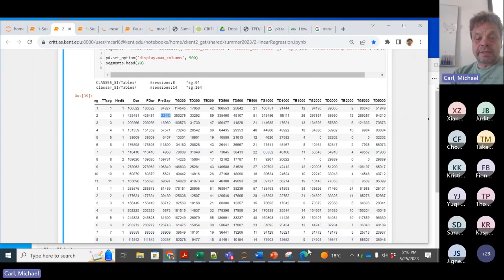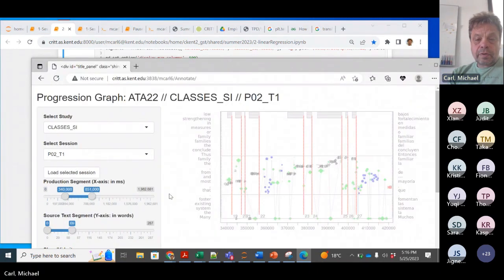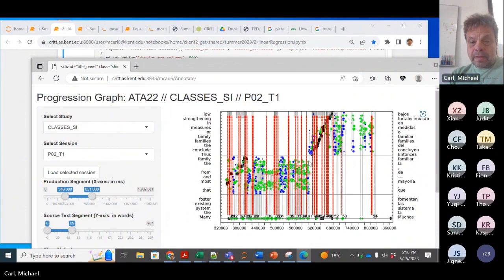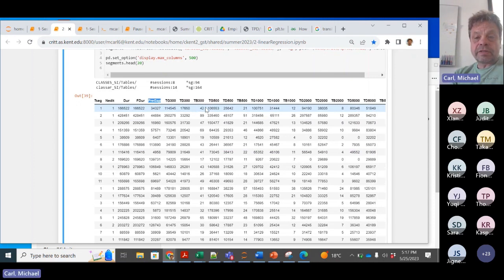Okay, so if that person goes from segment 2, we're in segment 2 here, to that segment, there is at one point a last keystroke here, okay? And the time between this last keystroke and the first keystroke here would be this pre-gap, the pause before starting the first keystroke.